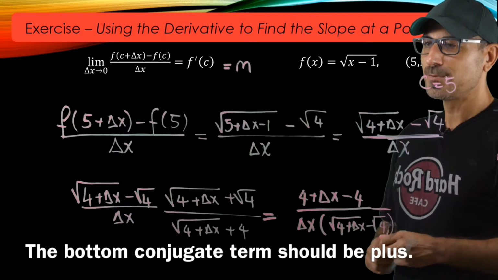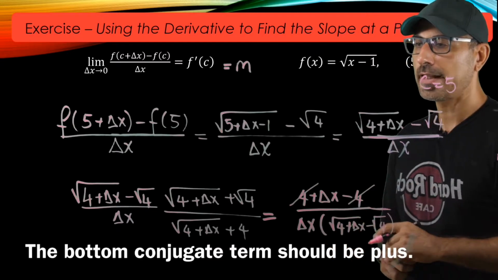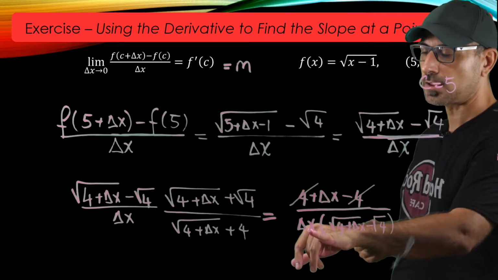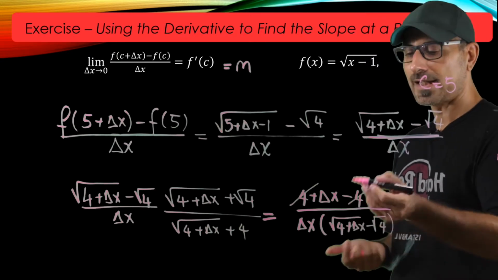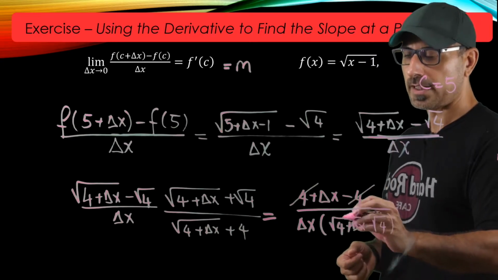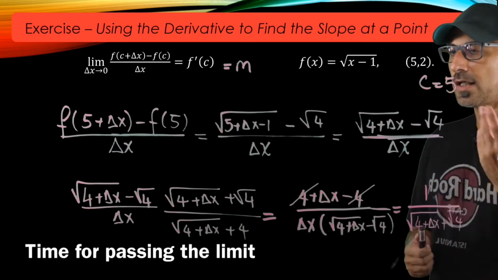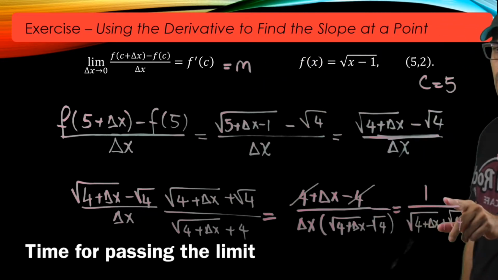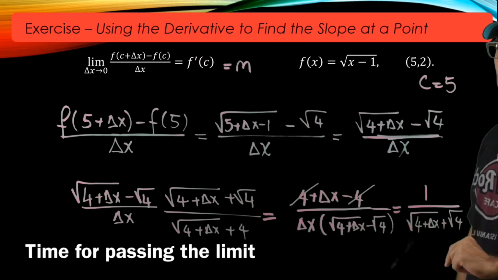All right, so the 4's here are canceled out. And then at the top now, I'm just left with delta x. In the bottom, we have delta x times this expression. So the good news is that I can divide top and the bottom by delta x. So at this moment, we stop again and check for the limit. So since delta x approaches 0, this term is going to approach 1 over radical 4 plus radical 4.